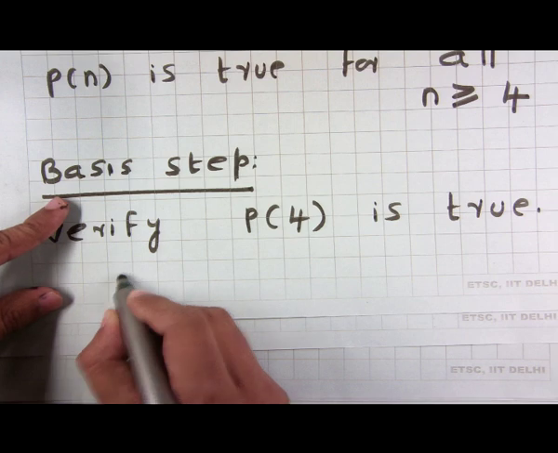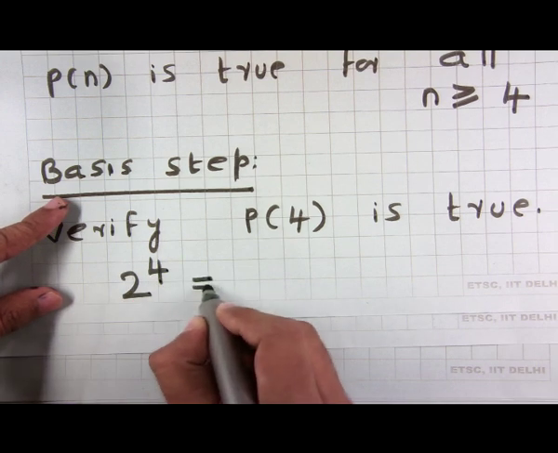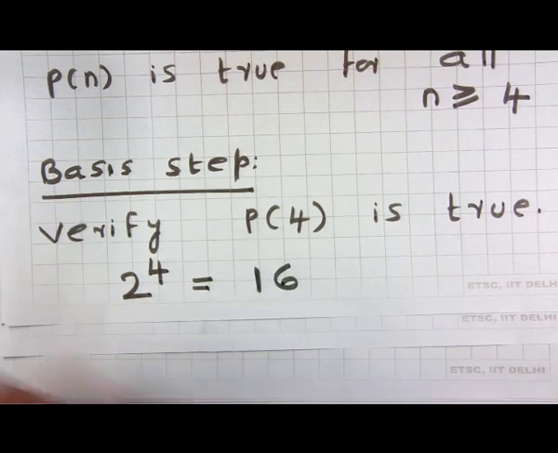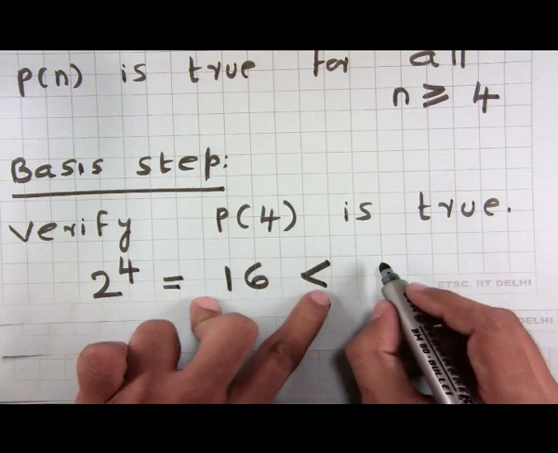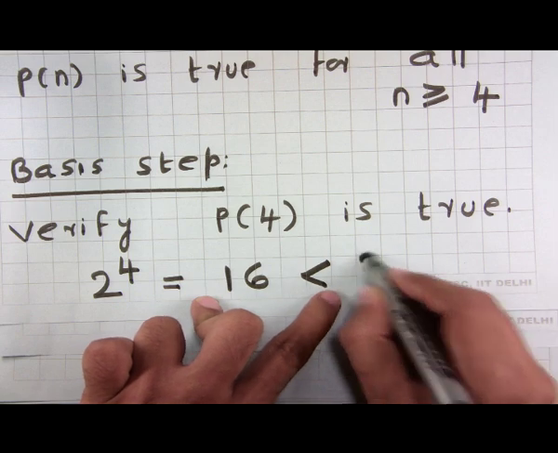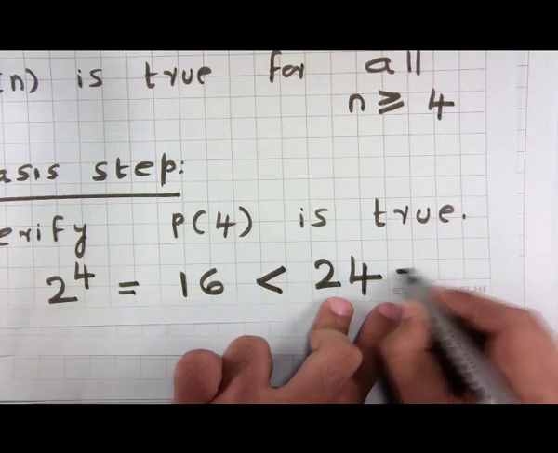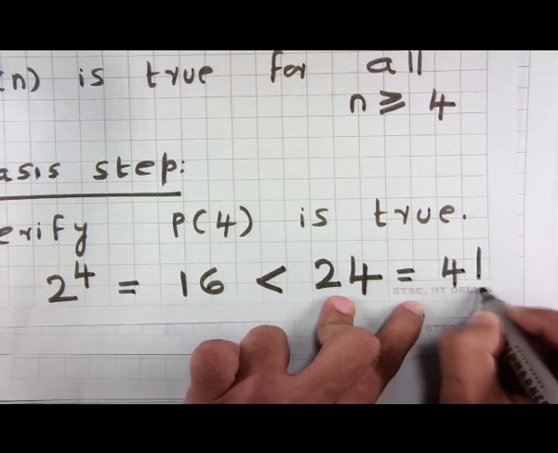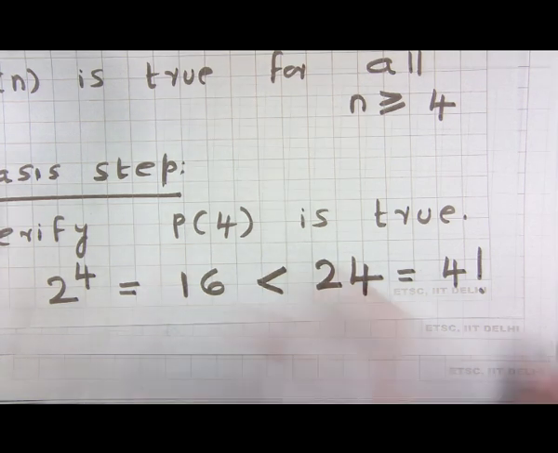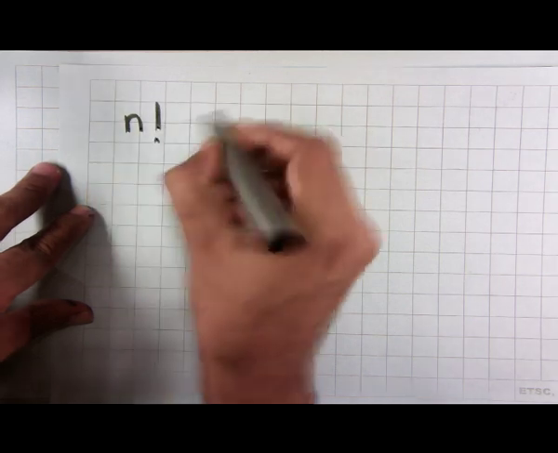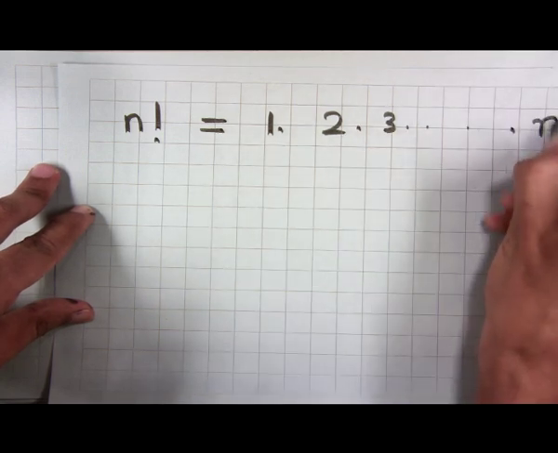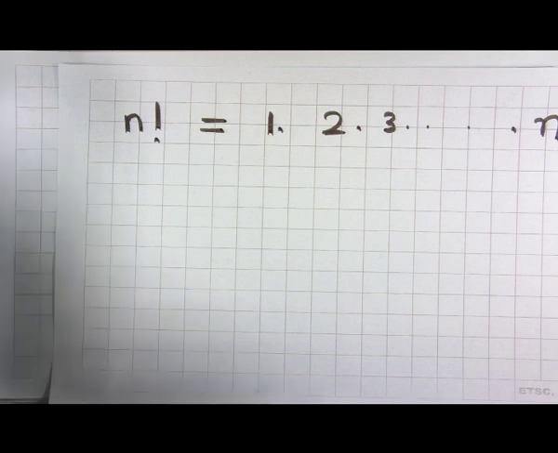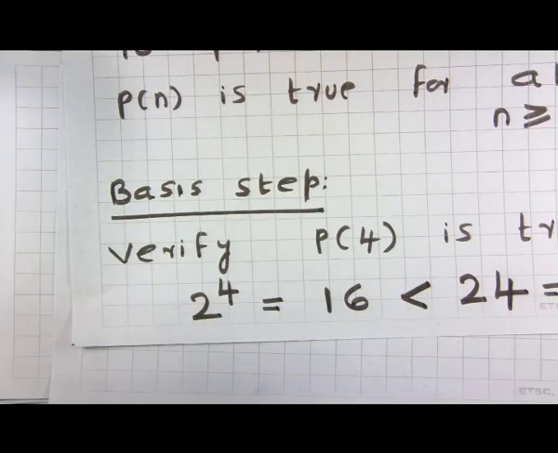Let us see. 2 power 4 is 16, which is less than 24, and 24 is what 4 factorial is. Recall that by n factorial we mean the product 1 into 2 into 3 into etc. up to n. So, 4 factorial is 24. It verifies that P of 4 is true.